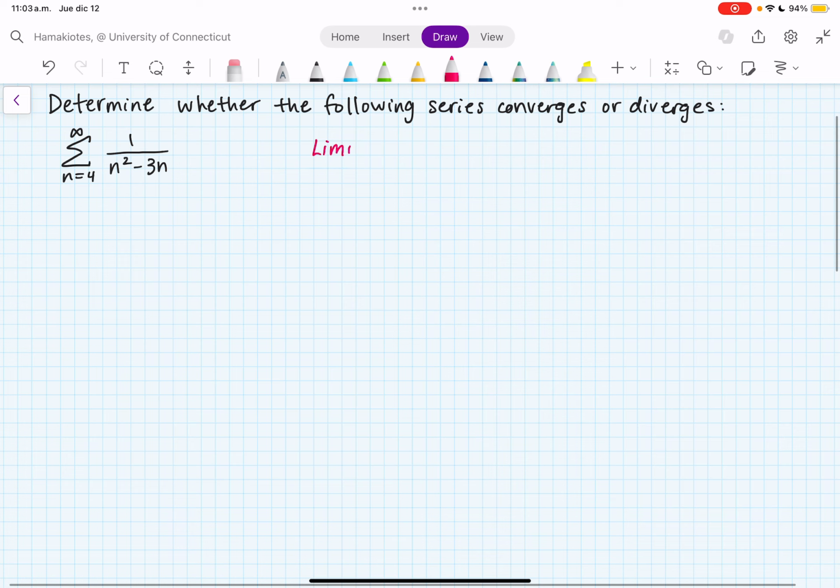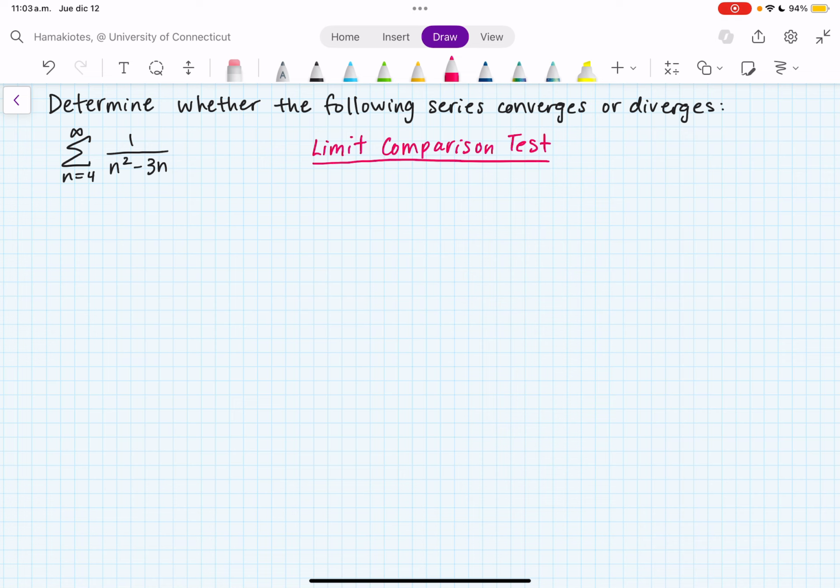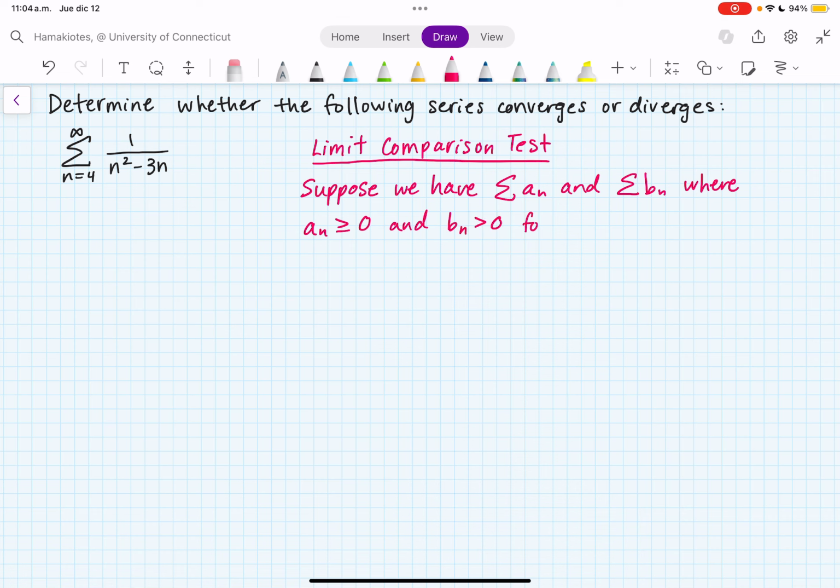First, let's recall what the limit comparison test tells us. The limit comparison test tells us, suppose we have two series. So let's say we have the sum of an and the sum of bn, where the an are all greater than or equal to 0, and bn are strictly greater than 0 for all n.